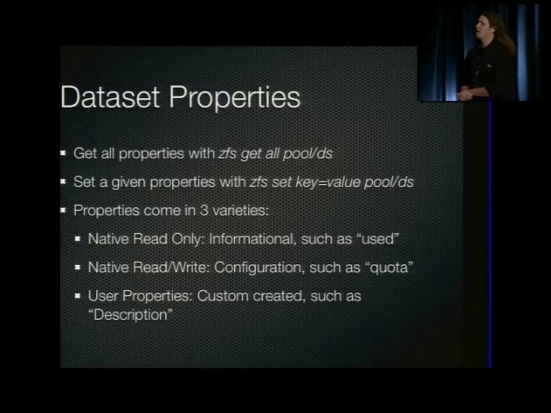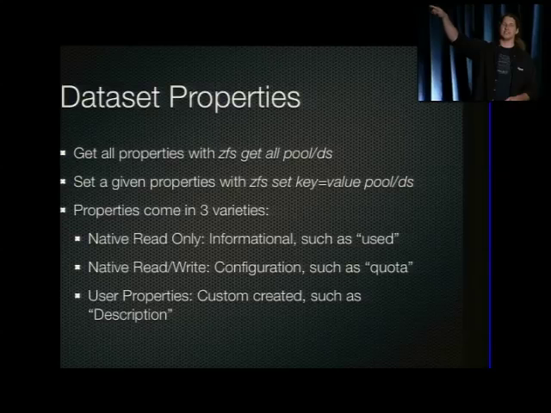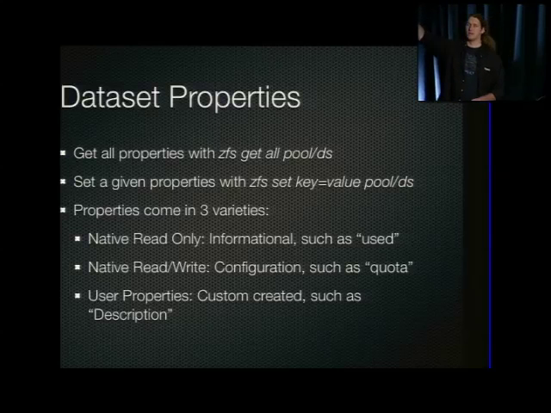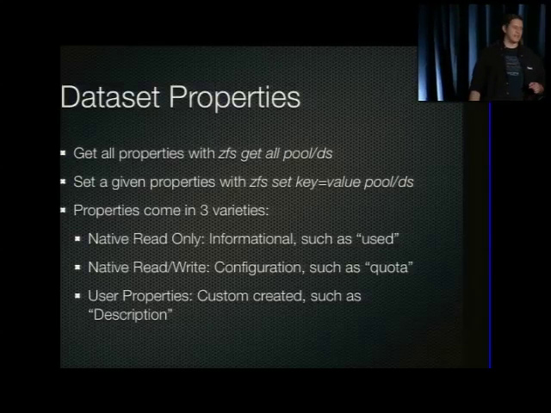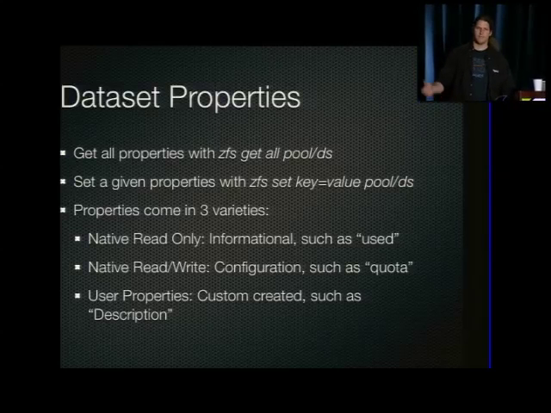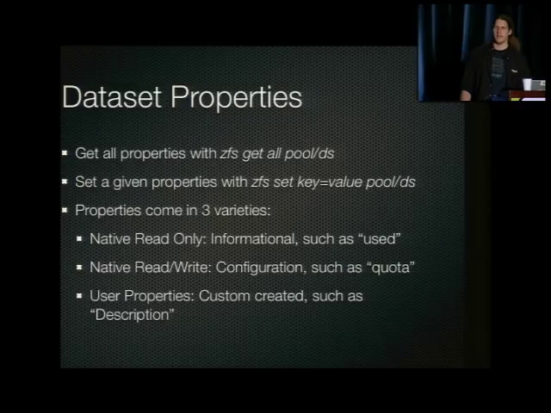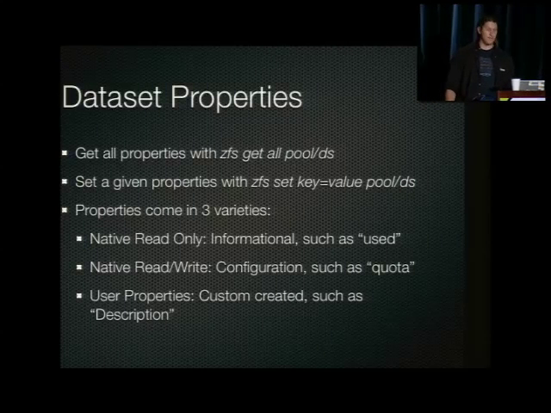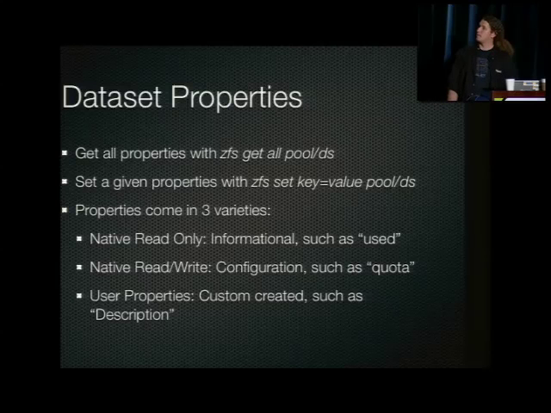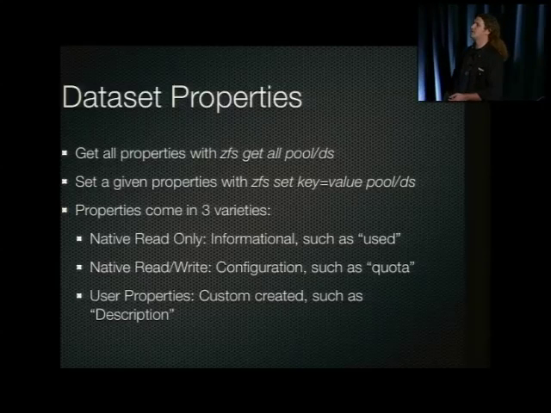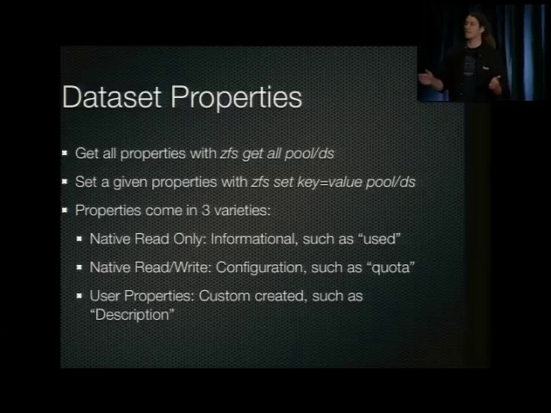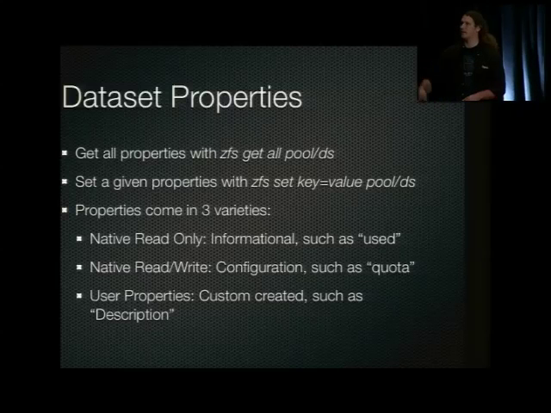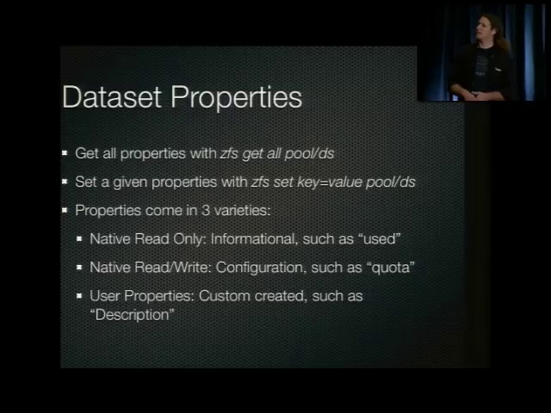To get all properties, you'd use the command zfs get all, and then the name of the dataset. Really ingenious, complicated naming structure here, isn't it? Even I can remember it. Set properties in a similar sort of way: zfs set key=value and the dataset name. And properties kind of come in three varieties.